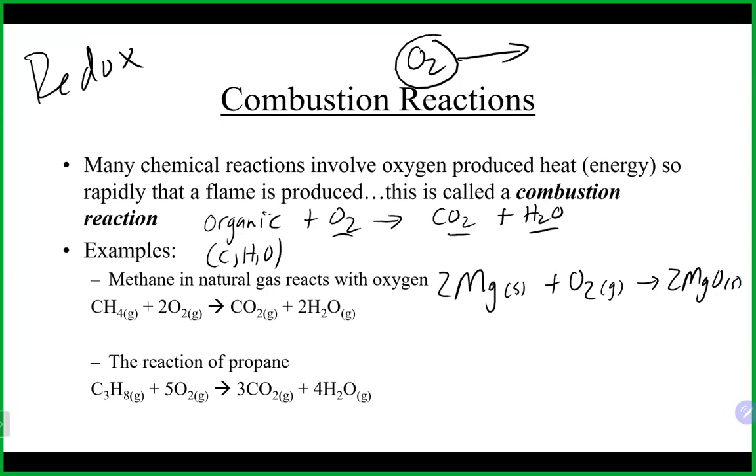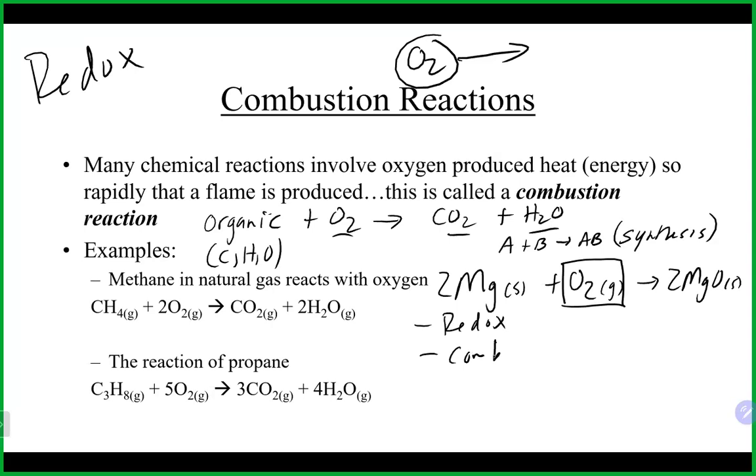This is definitely a redox reaction because electrons are being transferred. It is also two things that make one thing, which means it's a synthesis or combination reaction. And I see oxygen there, which means it's also a combustion reaction.